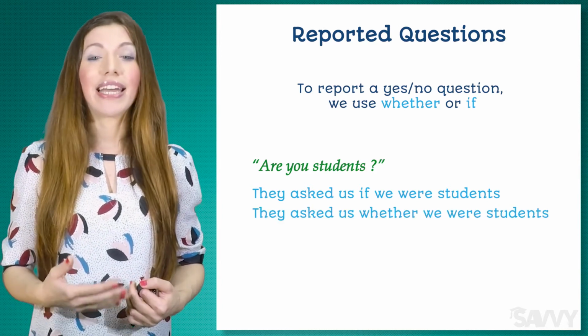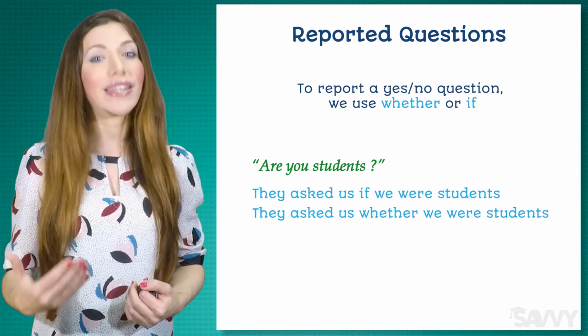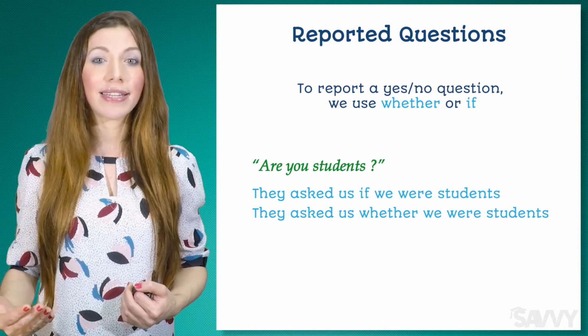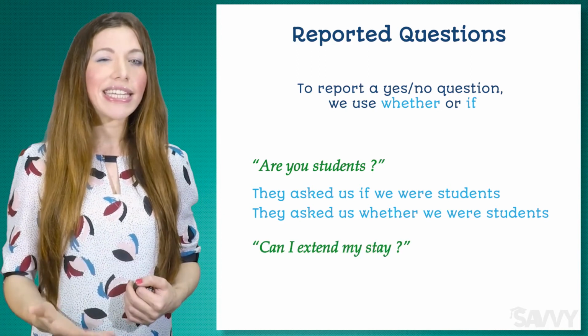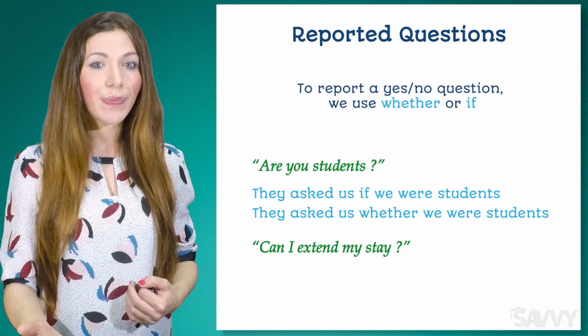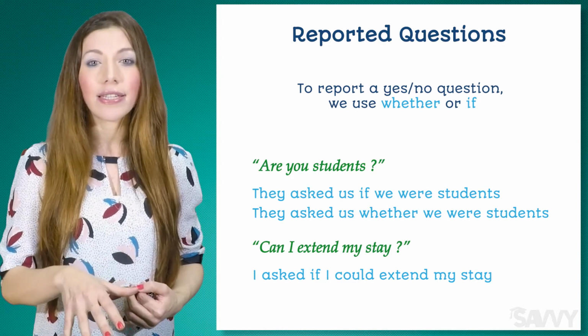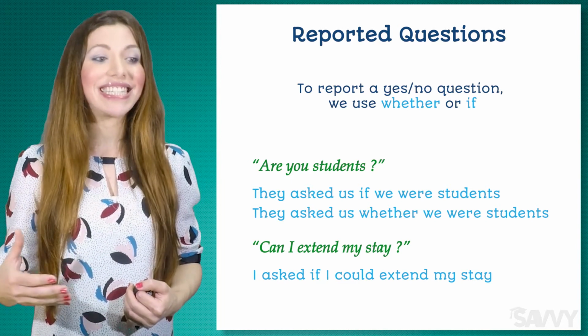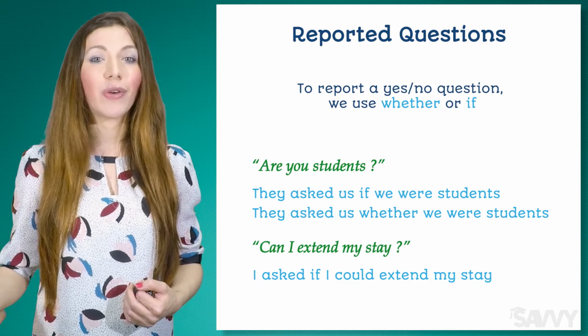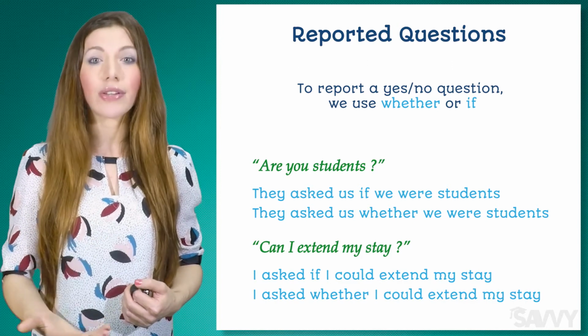Or we can say, they asked us whether we were students. "Can I extend my stay?" In reported speech, we would say, I asked if I could extend my stay, or I asked whether I could extend my stay.